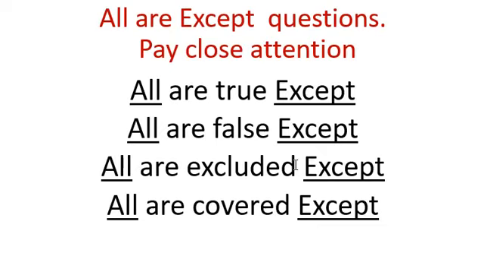All are excluded except. So I'm looking for the coverage that's not excluded, because sometimes you can have all four answers where it's not covered, but only three are excluded. So be careful with that one. If you know your exclusions, you'll be able to answer that question correctly.